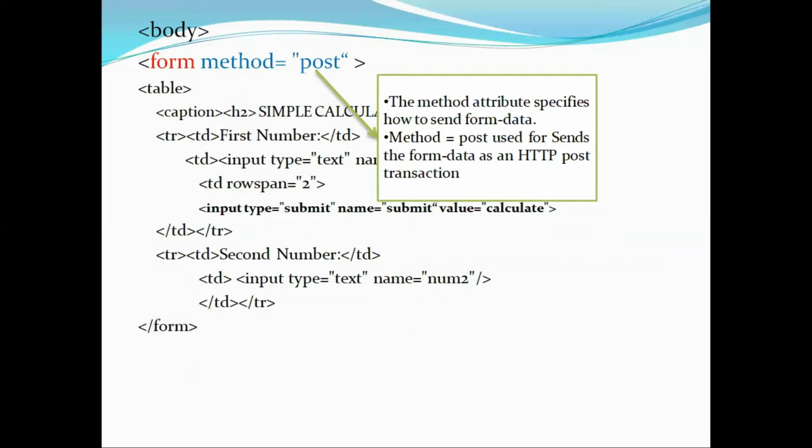Method is equal to post sends the form data as an HTTP post transaction. We are sending some information, and the information will be executed on the server side. Later the results will be displayed on the user browser's screen.